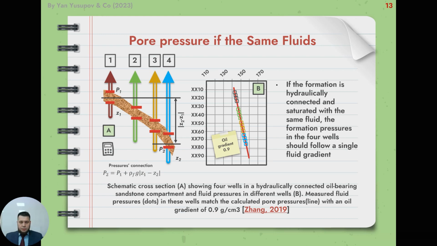Okay, please see the figure on the left part of the slide. In any permeable inclined formation, if a deeper overpressured section is connected to the shallower section by a permeable pathway, the pressures in such a hydraulically connected formation can be calculated using the difference of heights of the fluid column.